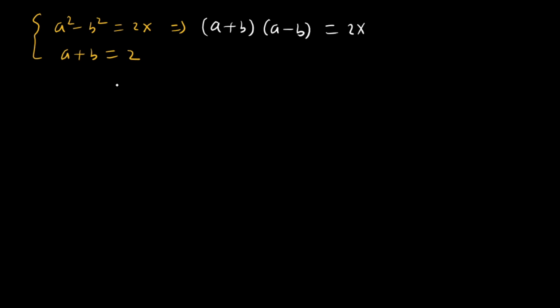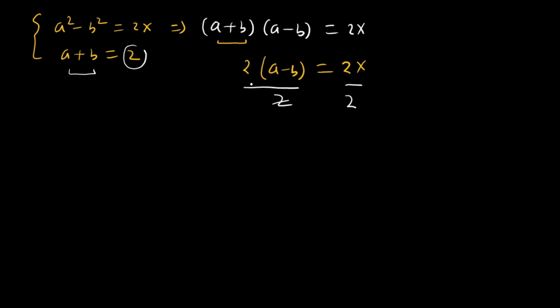Now we know that a plus b is 2. If this a plus b is replaced by 2, then 2 times a minus b equals 2 times x. Now if we divide both sides by 2, then this 2 and this 2 are cancelled out, and then a minus b equals x.